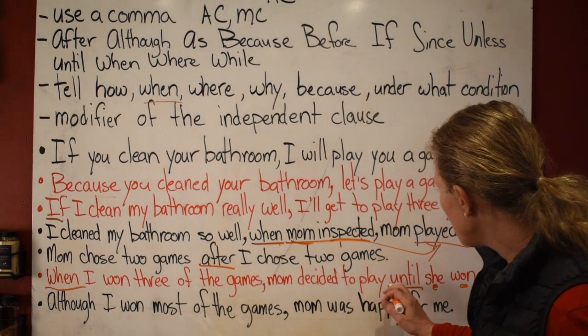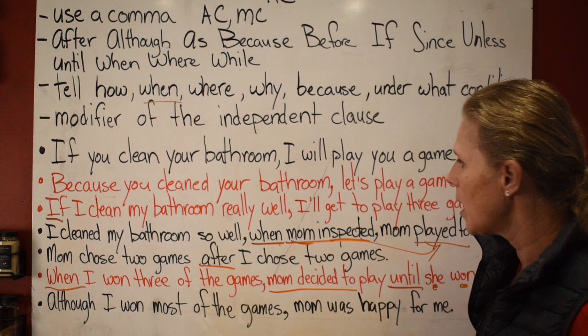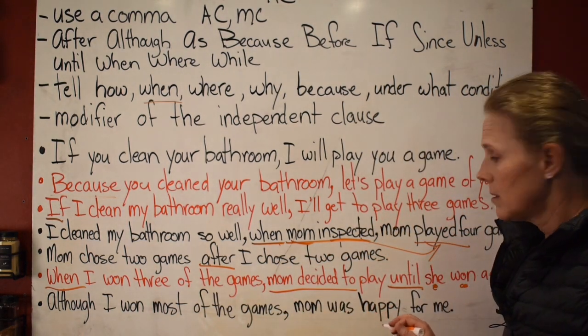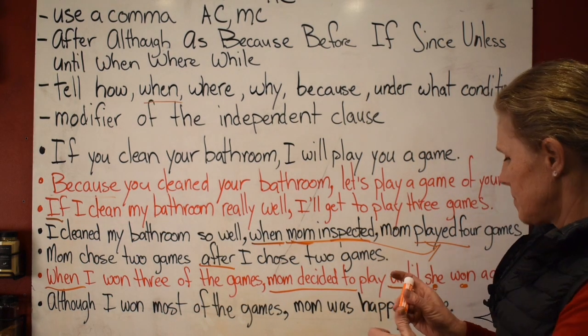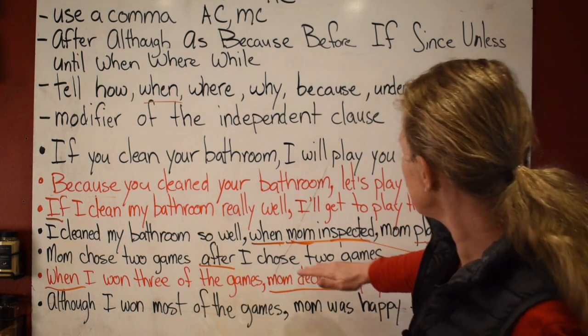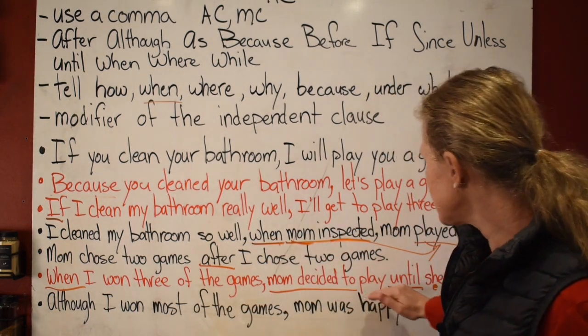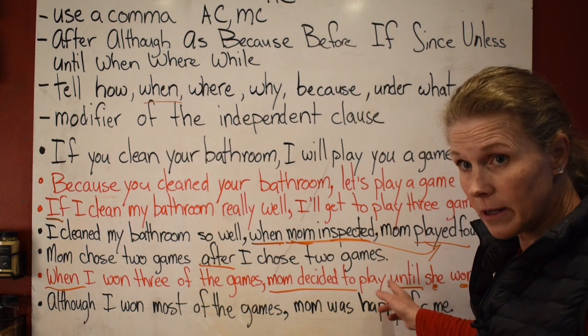But look, no comma here, because this is part of the independent clause, right? So you're not taking the comma here. Does that make sense? But since we have the dependent clause in the middle, then it takes commas. But this is the independent clause, it's not taking the comma right here.